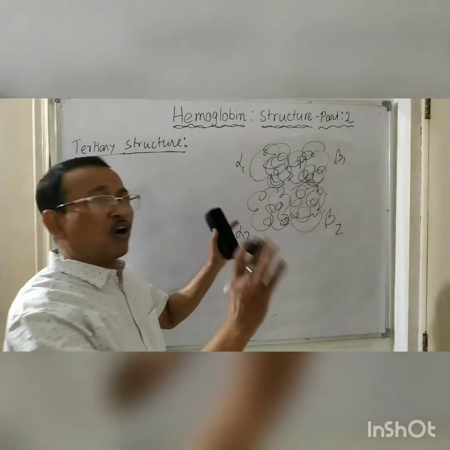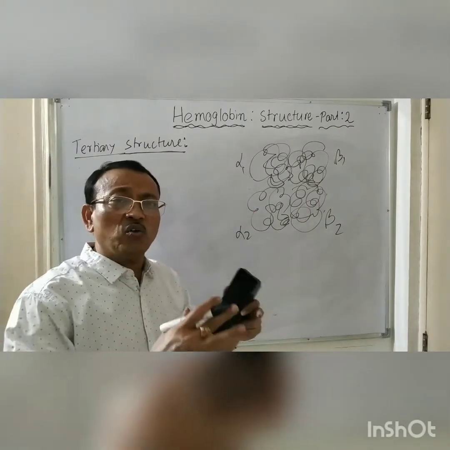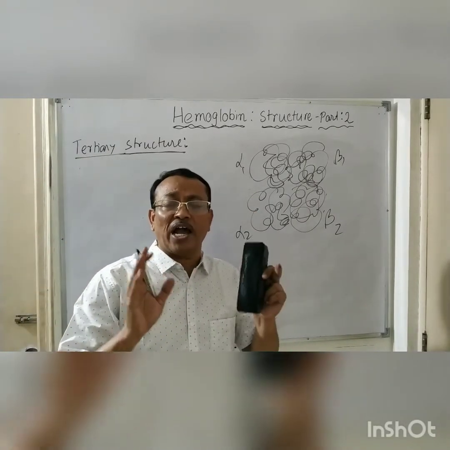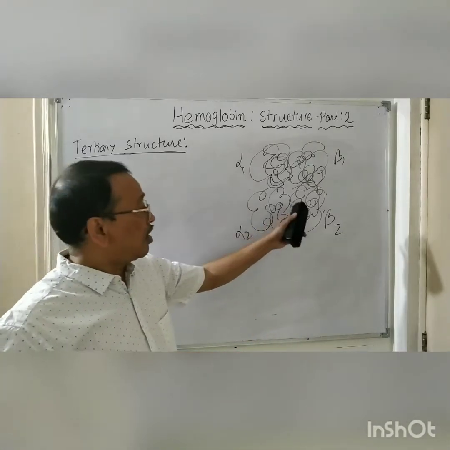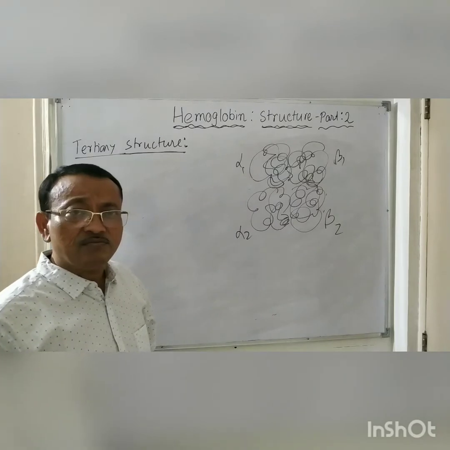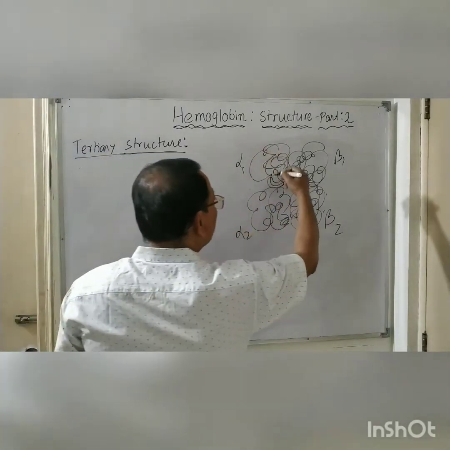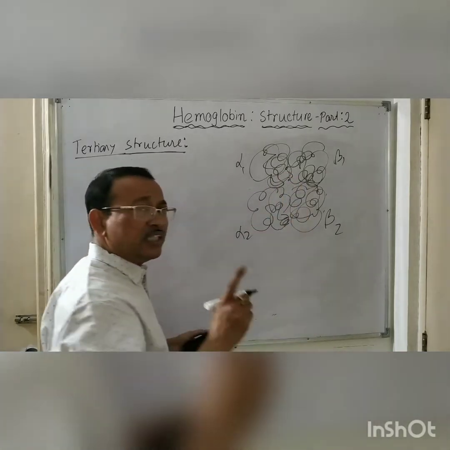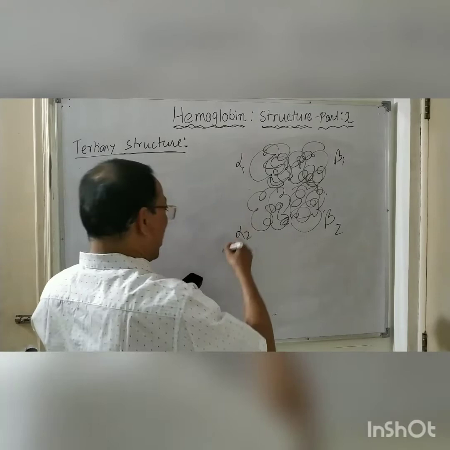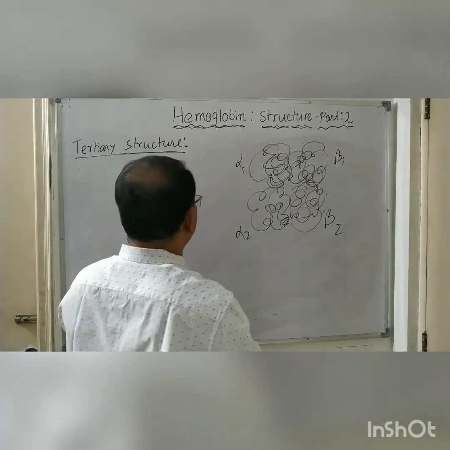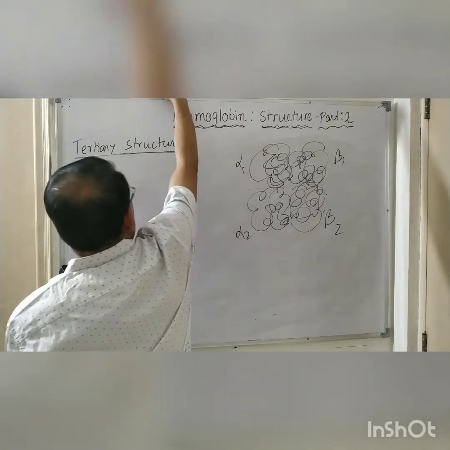In this way, the 4 polypeptide chains are tightly packed and bound with each other by hydrogen bonds, covalent bonds, and salt bridges. Now, in each of the polypeptide chains of these hemoglobin molecules, as I told, the iron molecules are attached.